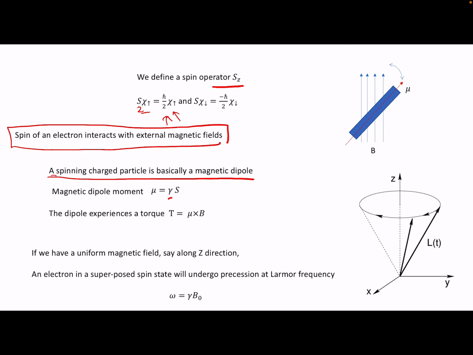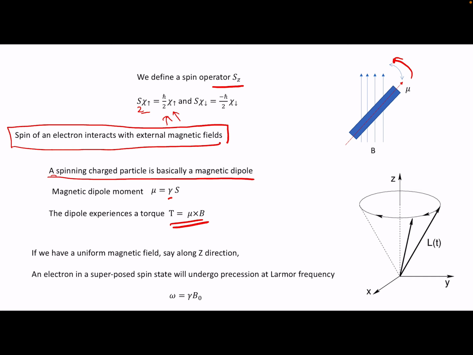If I have a magnetic field B, the magnetic field acts to give a torque to this blue bar to rotate it along the magnetic field direction, right? So basically along this arrow. So it will try to rotate this particular red arrow to be parallel to this magnetic field direction. That is how the magnetic field produces the torque on this dipole, or on the electron.